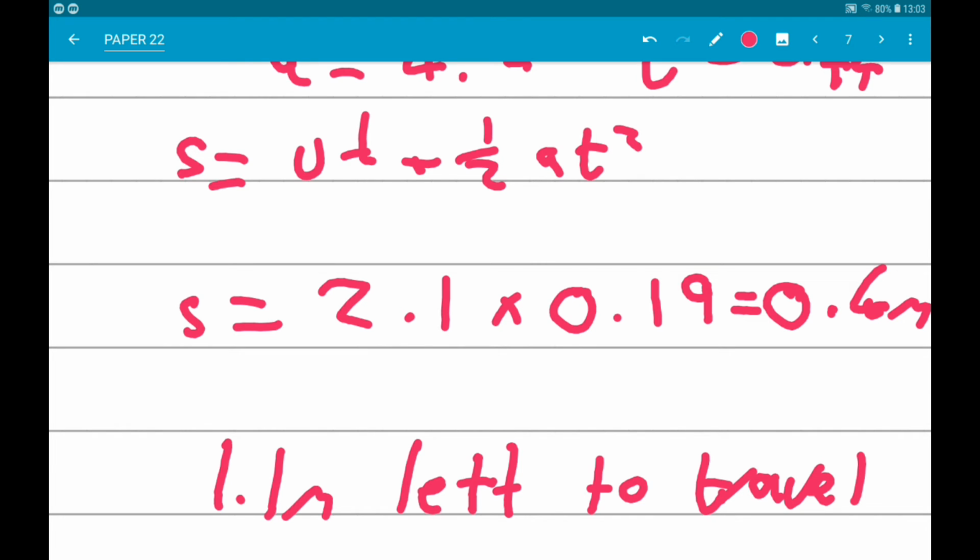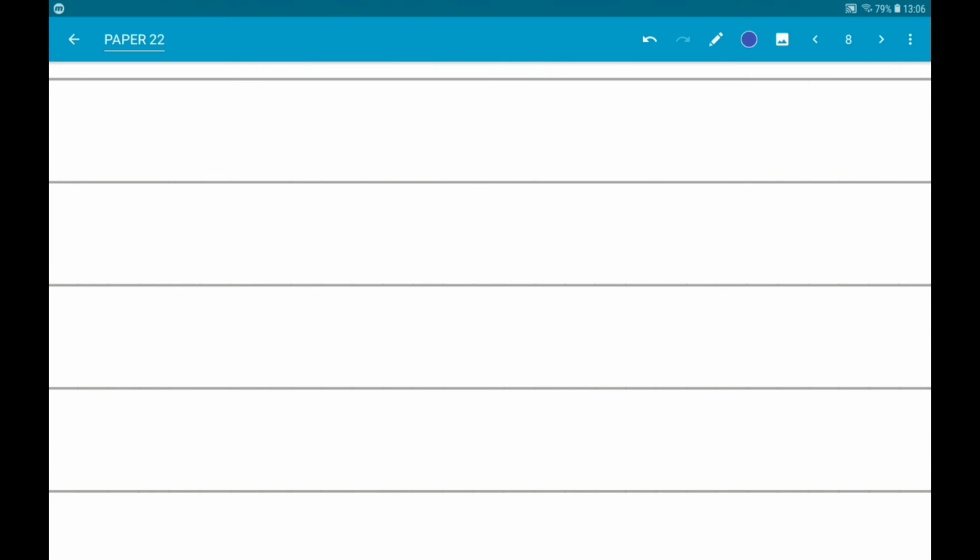So, we now need to calculate what its velocity or speed after 0.44 seconds was, and then we use speed is distance over time. So we can now use v squared is u squared add 2as to work out the speed of P after 0.44 seconds.